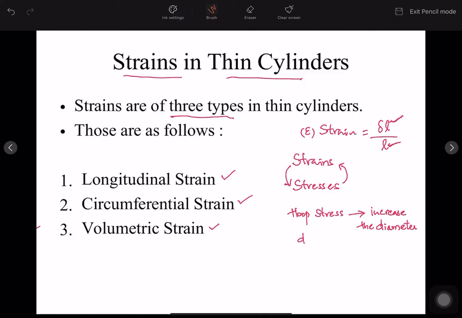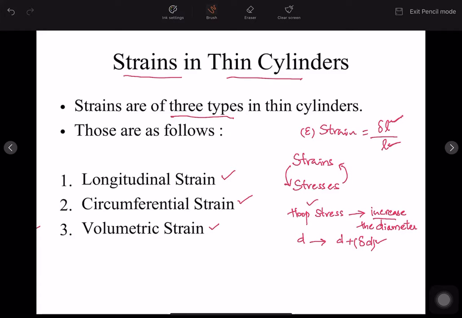So D can become D plus delta D. This is the increased part of the diameter. Because of hoop stress, there will be a change in diameter. Generally there will be an increase in the diameter.